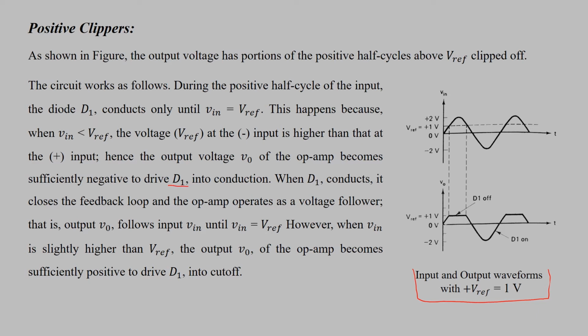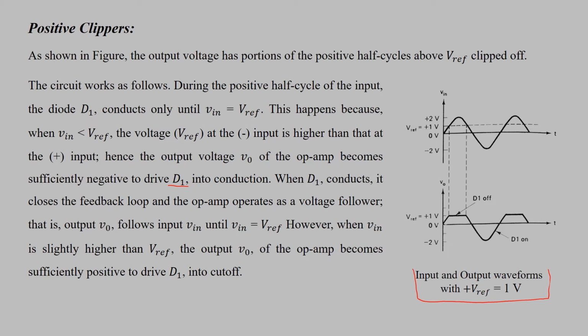Now when D1 conducts, it closes the feedback loop and the op-amp operates as a voltage follower. That means the output voltage follows the input until again the input becomes equal to the reference.